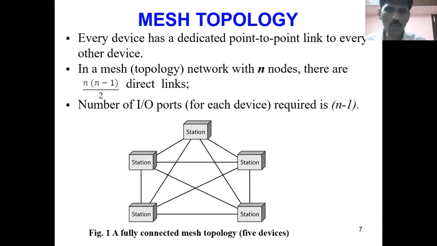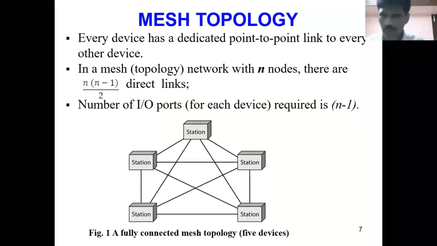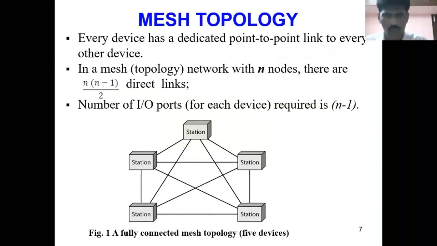First, we'll go through mesh topology. In a mesh topology, each device has a dedicated point-to-point link to every other device in the network. You can see figure 1. Every device is connected to every other device in the network. As a result, there are a large number of links, which means cables.